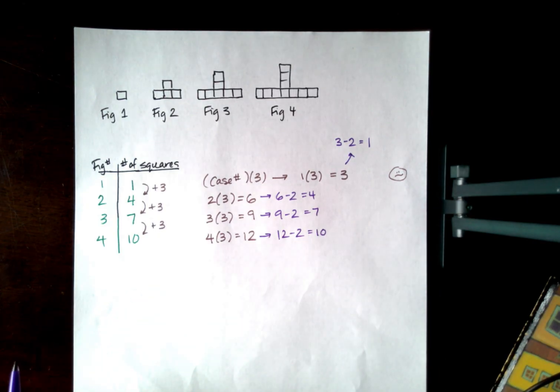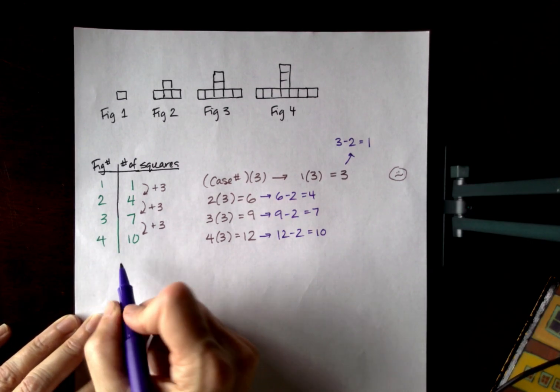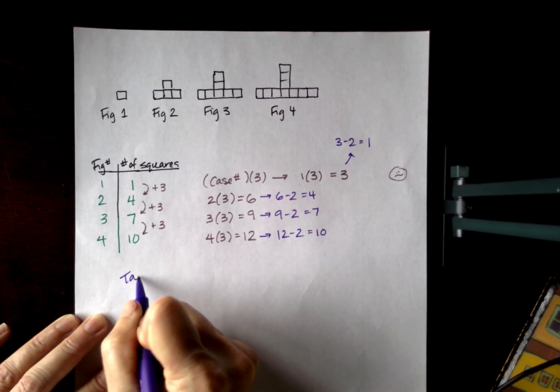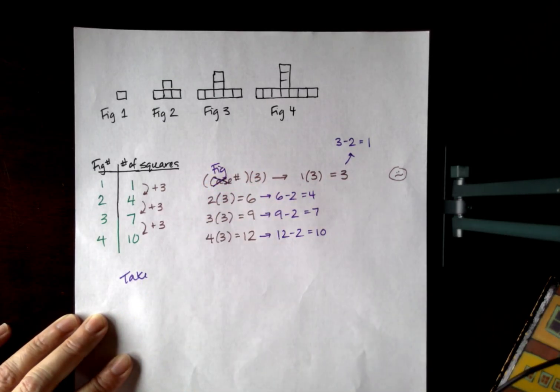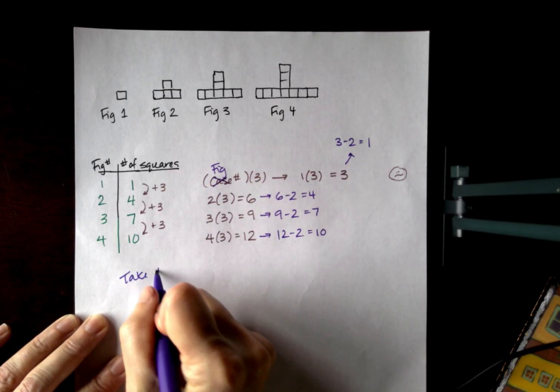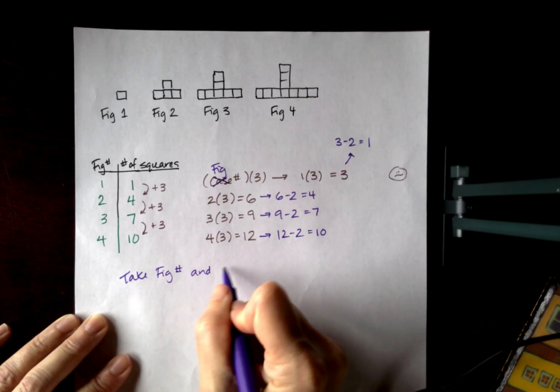This takes 2 steps to get to our pattern. And so if we wanted to write a rule about this, we would take the case number. Oh, it should have been the figure number. Case number was last time. Take the figure number and multiply by 3.